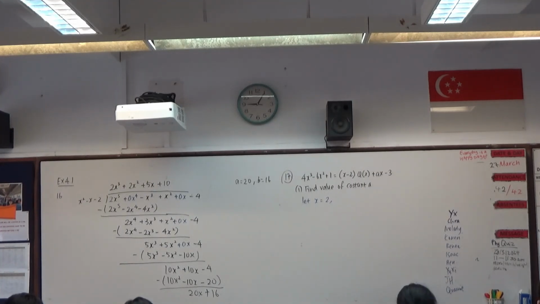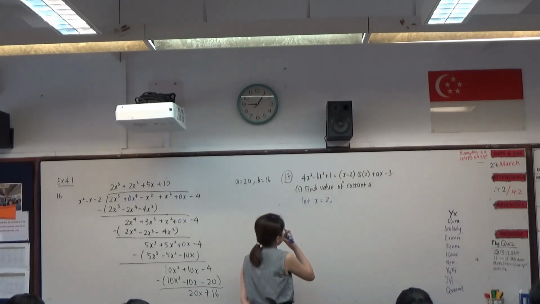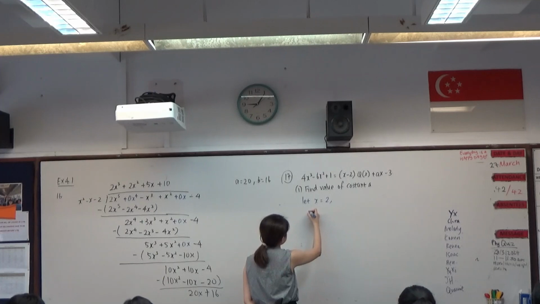Technically, yes. Yeah, I didn't think about it that way because I didn't see how. Let me see, what if we do by substitution? I'll just do by substitution first, then I proceed from there. I'll show you another method.